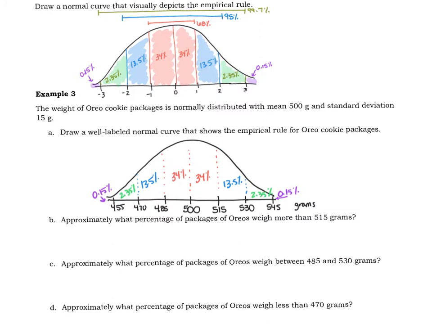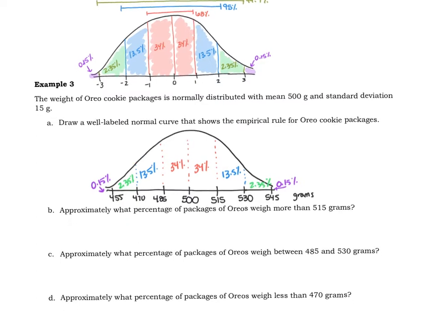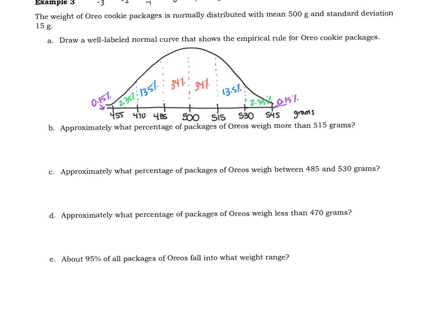Okay, so once we have our well-labeled normal curve, we can start answering some questions based on that particular distribution. So, approximately what percentage of packages of Oreos weigh more than 515 grams? So, more than 515 grams, notice, is from here on over.